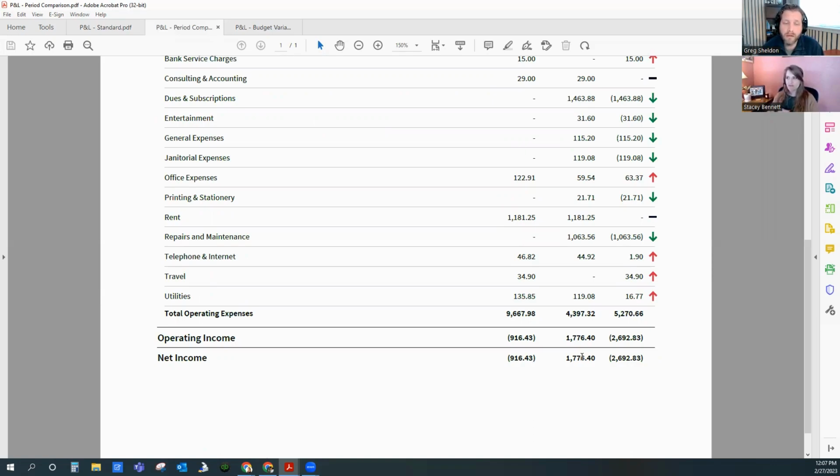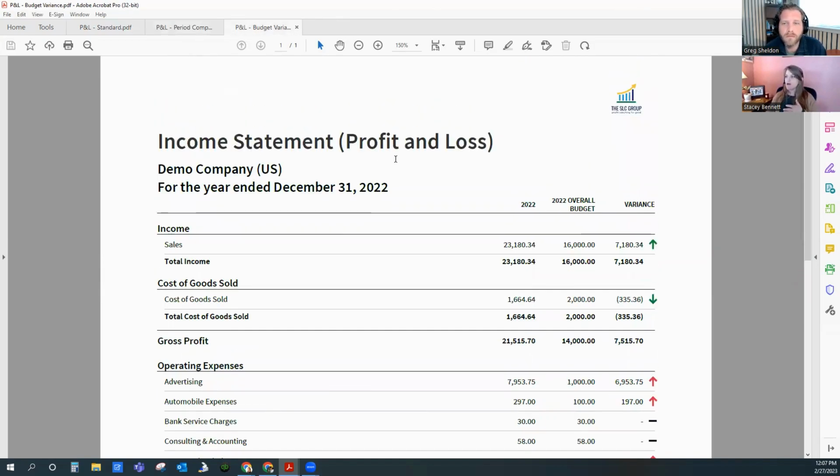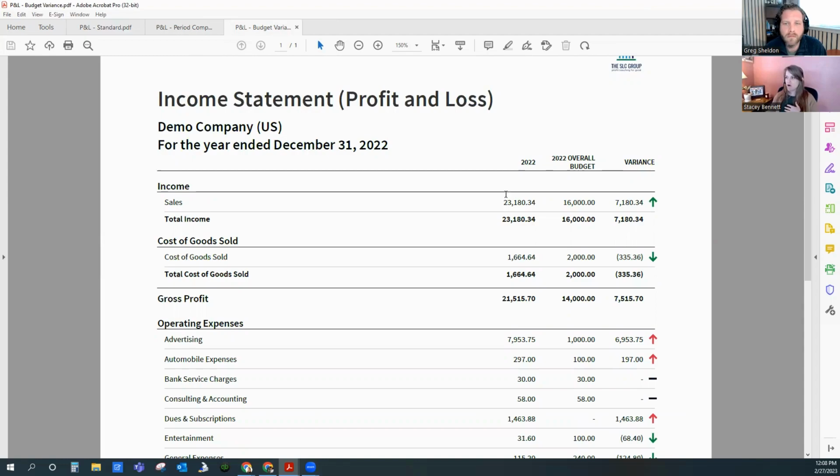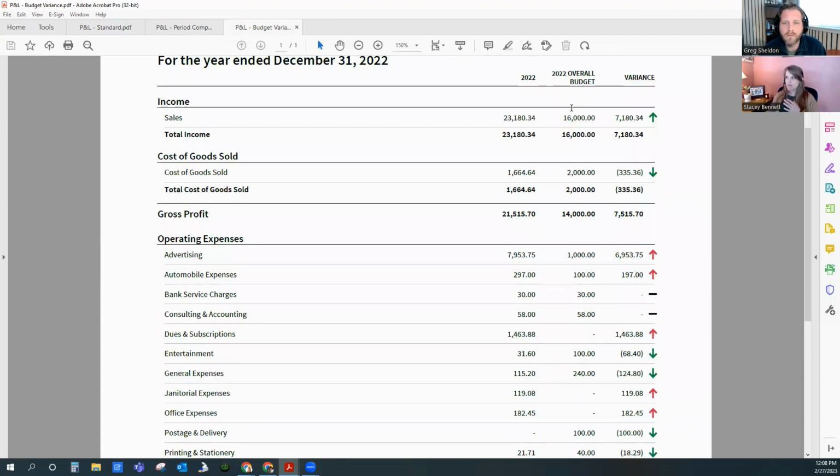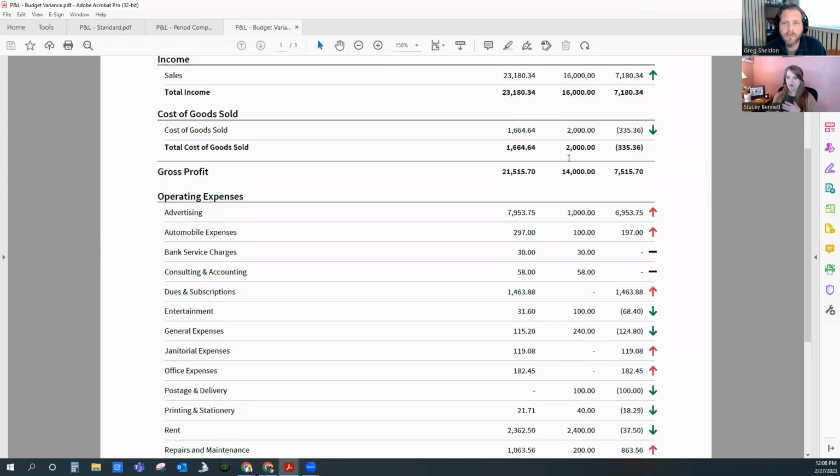Some other places you can use the period comparison. Awesome. And then the last one that I want to show you is the budget variance. So if you are a company that works on a budget and you put your budget figures into your accounting system, you can also run a profit and loss statement that is going to give you all of your different revenue and expense types compared to the budget that you set out earlier in the year.